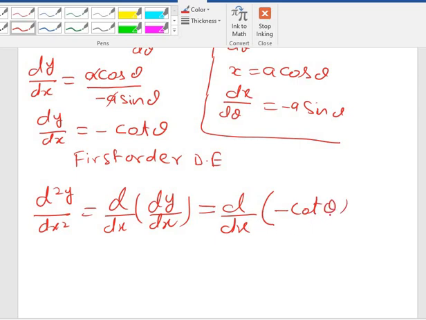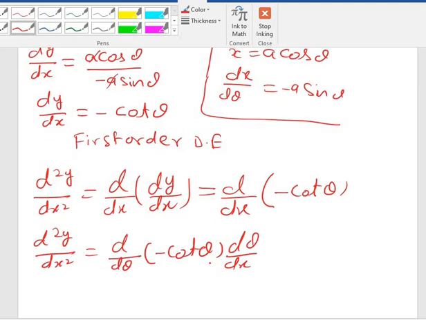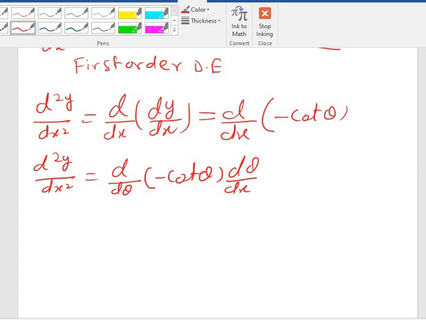Now see that here the independent variable is theta and here the independent variable is x. So if you want to write d2y/dx2, just write d/dθ of minus cotangent theta times dθ/dx. Now you have to differentiate this with respect to theta.